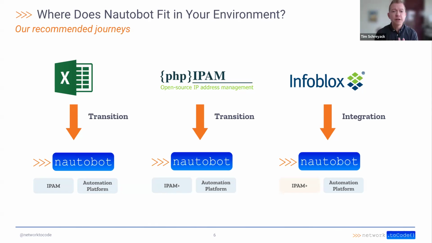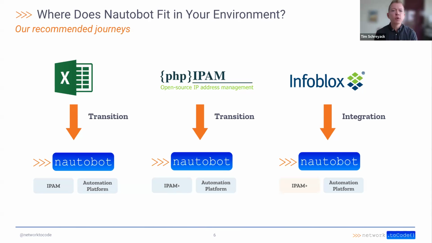Now, what is the advantage for each of those? First, spreadsheets. Moving into a tool that's actually designed for and can model your IPAM infrastructure is far superior to a spreadsheet. First, we have the capability to model our content, so we gain that IPAM tool functionality, and then we're also able to leverage the automation platform that Nautobot provides.